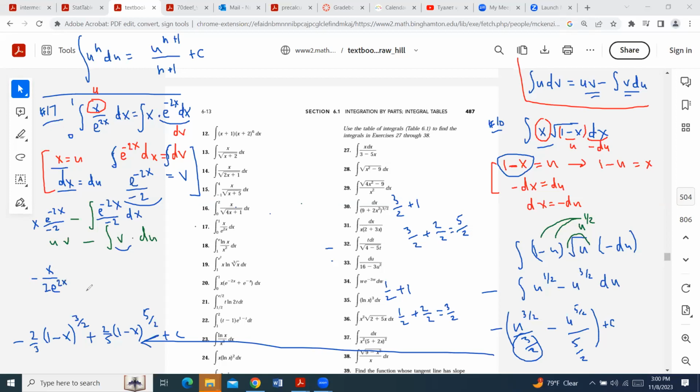Usually we don't like to have negative powers with e or whatever, so we just bring it down. For the other one, I have a plus sign and a half comes out, right? So I take out that negative 2 in the denominator, and then integrate my same exact expression that I just did up here.